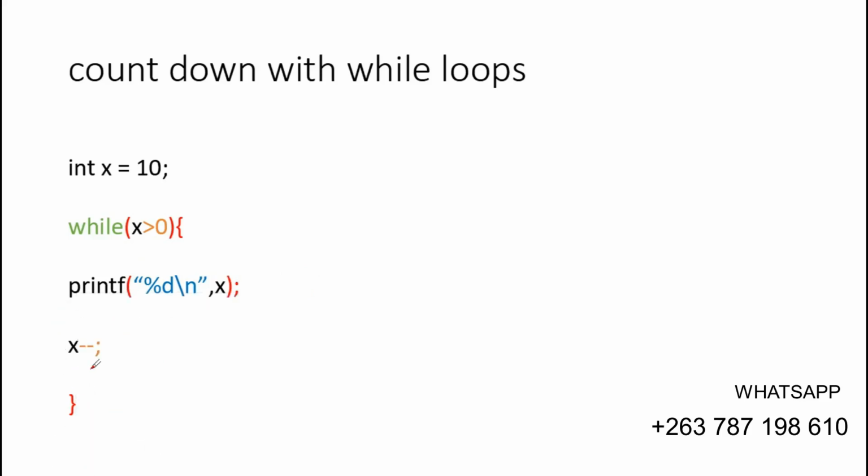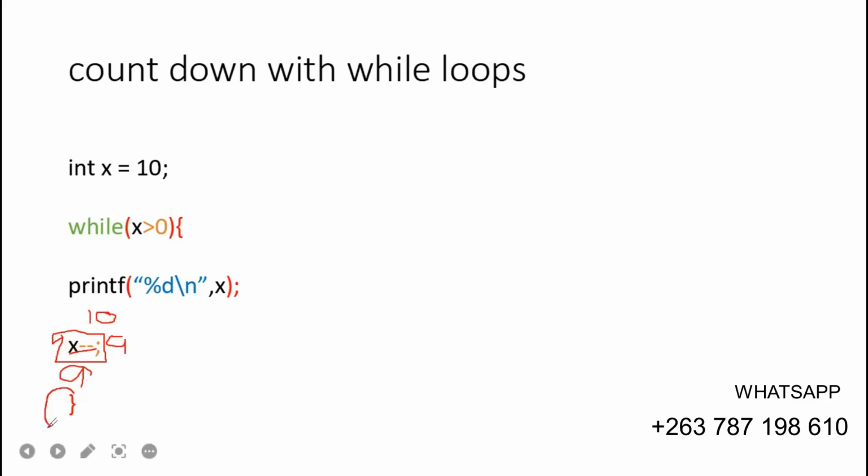Now x-- is a decrement operator that does the opposite of the increment operator, the x++ we have been using earlier. So the current value of x is 10 from this line, and after this line x is decremented by 1, that means x is now 9.